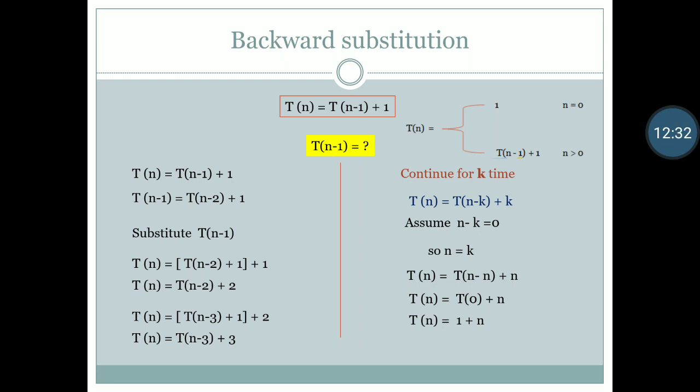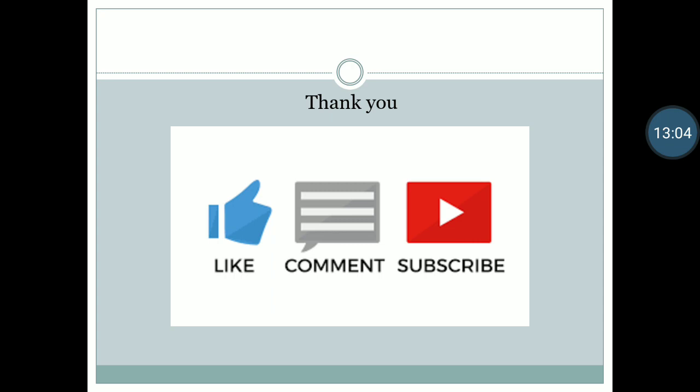Directly we can check that this equation is of order n. Hence we have solved this recurrence relation by the backward substitution method. In another video lecture, we will see how to solve a recurrence relation with the forward substitution method. Thank you, students.